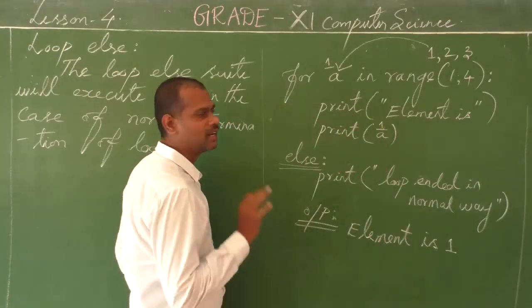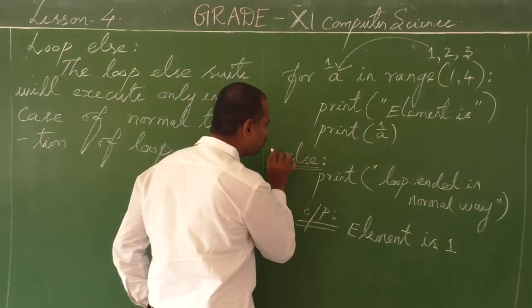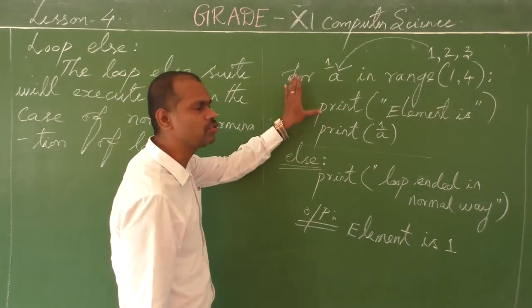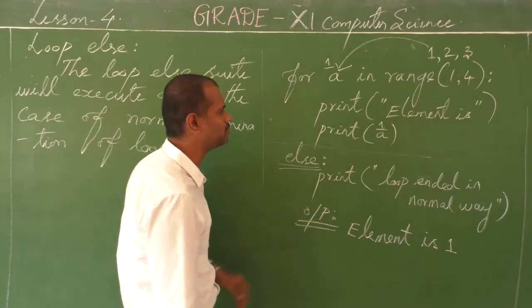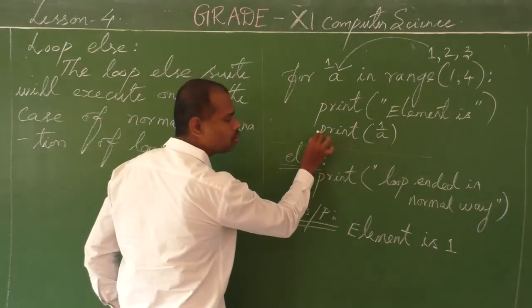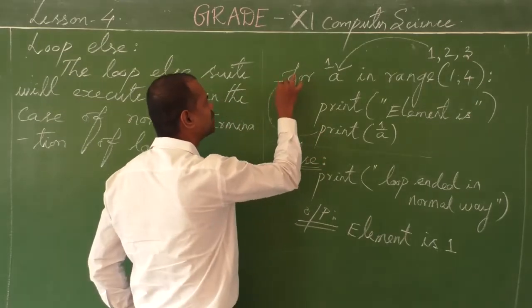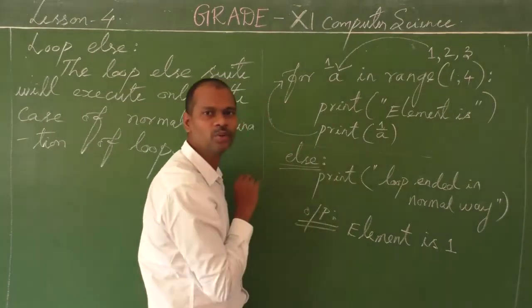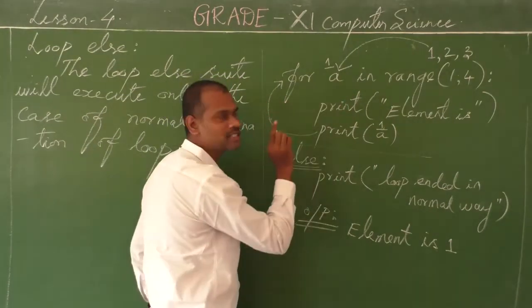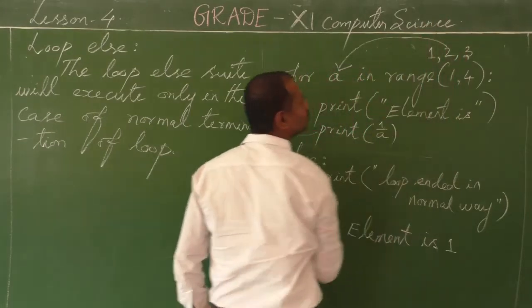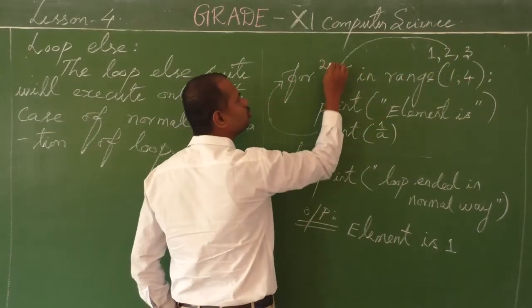Got it? Listen. Don't look at the else case. You just try to solve this for loop fully. After this statement executes, the control flow will go to here. Now, what is the A value? Yes, it is 2. Now the A value is 2.